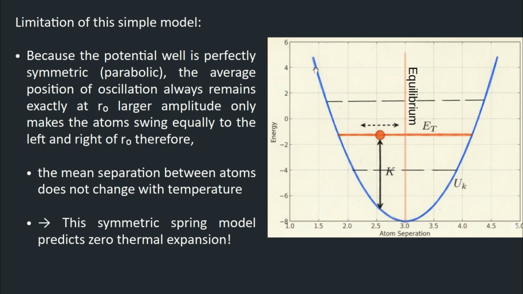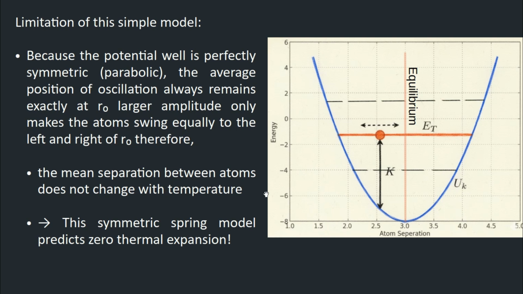If I move, say in this case it is 1.5, say I'll take it as centimeters, it will move 1.5 centimeters to the right as well. So because of this, the mean separation between atoms does not change with temperature.